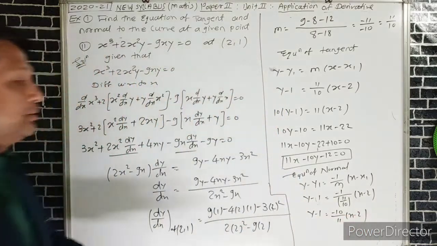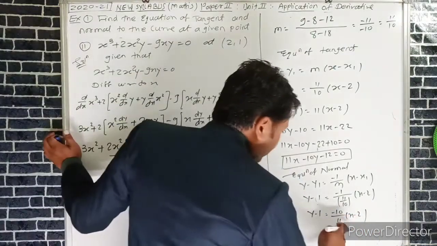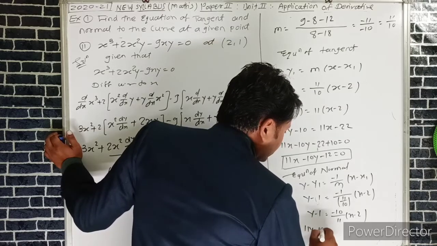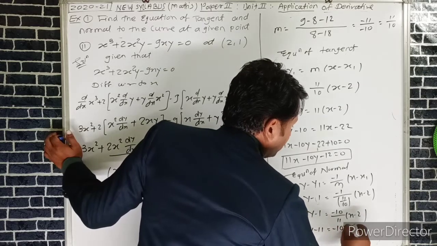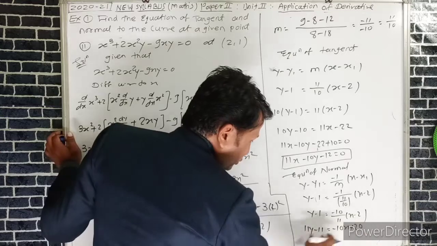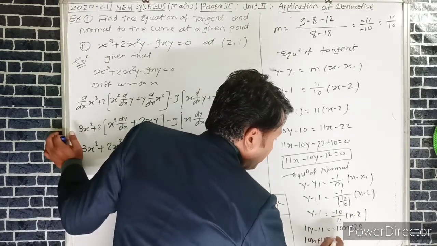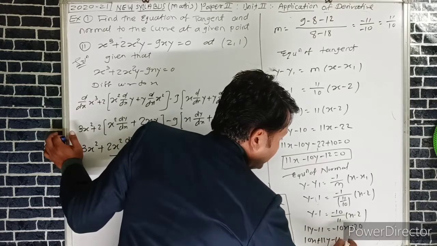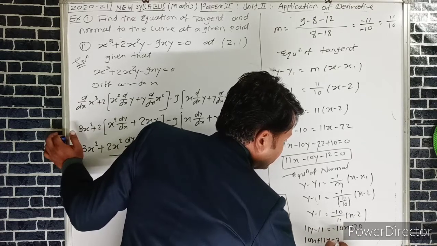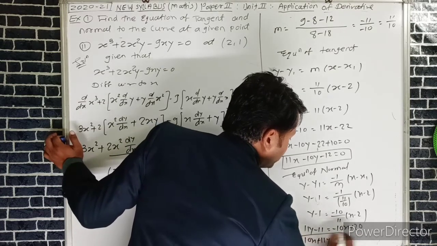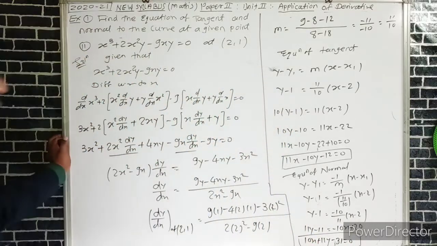Taking the 11 to the left side, 11y minus 11 is equal to minus 10x plus 20. So we can write 10x plus 11y minus 11 minus 20, which is minus 31, is equal to 0, which is the required equation of normal.